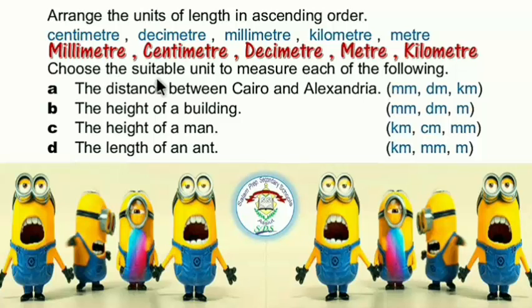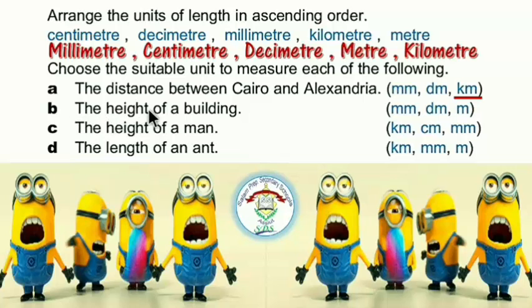Choose the suitable unit to measure each of the following. The distance between Cairo and Alexandria. The distance is very long. So if you want to measure the distance between any cities or governorates, we must use kilometer.